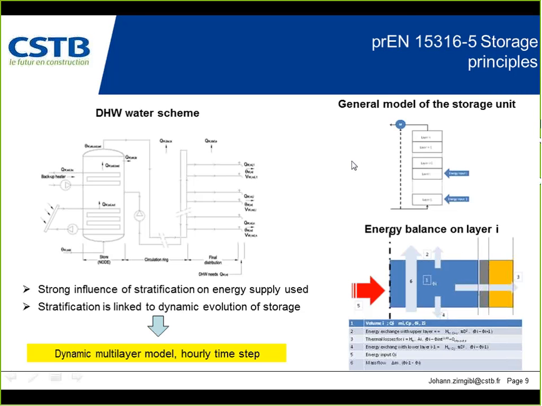So this storage model is very much related to domestic hot water and not so much to buffer tanks. And also what we do not take into account is, for example, it's only a water model and not a phase-changing model. I think phase-changing models are more important for cooling storage.